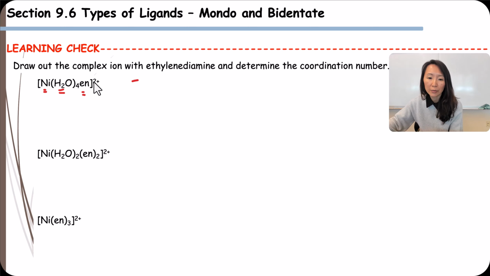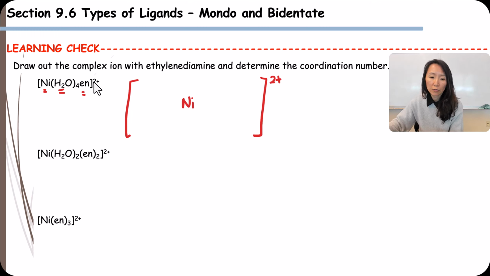So very easy. We're going to go ahead and put a bracket like this and give plenty of space. And then we're going to put +2, because I keep forgetting putting the charges in at the end, so I'm going to put it now. We put the nickel in the middle, and notice how many molecules are attached to the nickel.